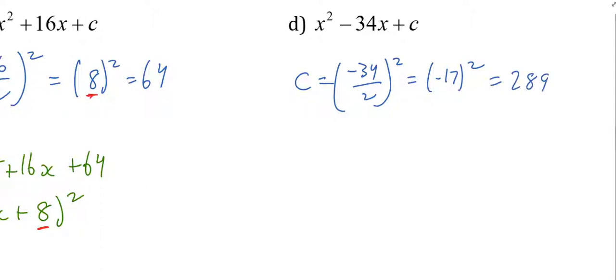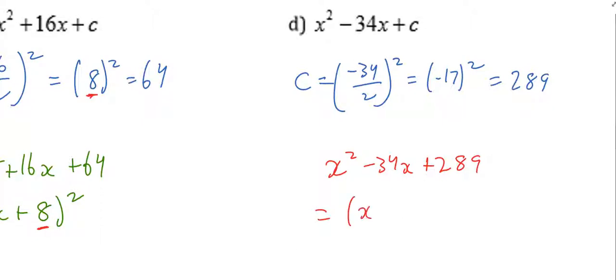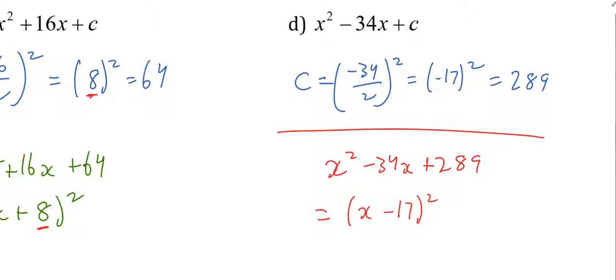Okay, nice. And that means that it's x squared minus 34x plus 289, which equals x minus 17 squared. That's the number that goes there. Good?